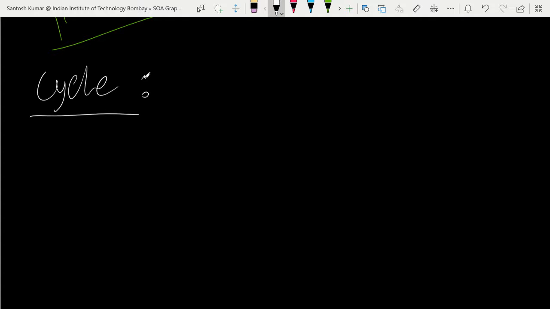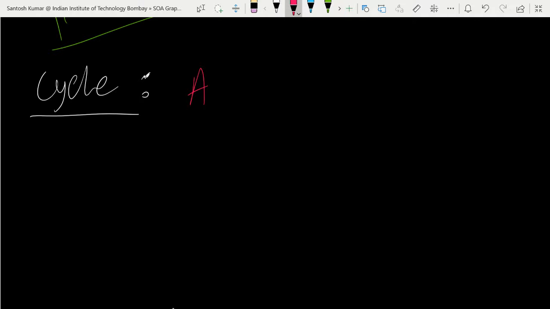A circuit that repeats no vertex except the first and last. Okay, so it can be defined another way.